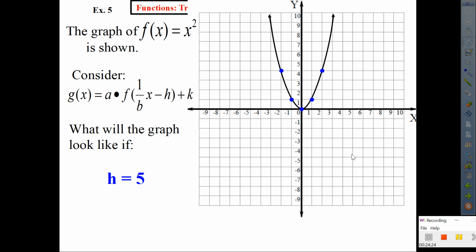Natalia? 7 to the left, yes. How about this one, Philip? Down 7, that is correct. Good save. Thank you, Andy. Go to the next one.